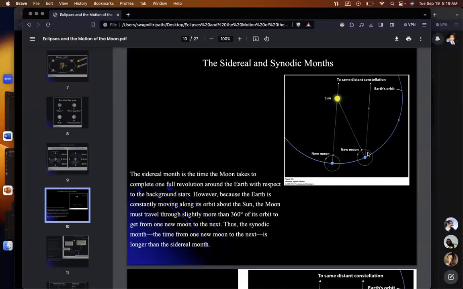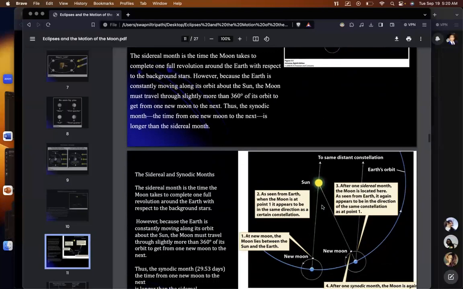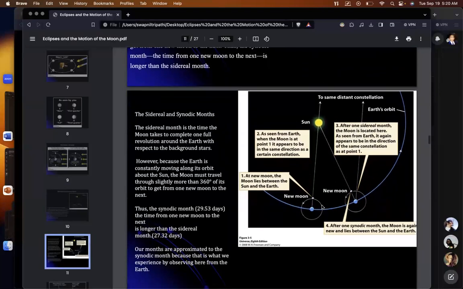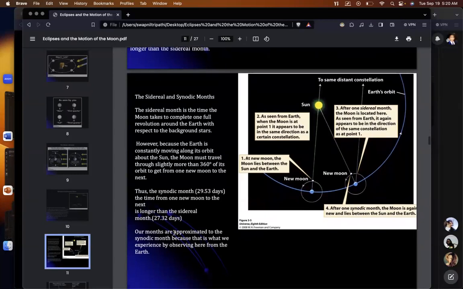And for new moon to happen, the moon has to turn a little bit more to realign, to be in between the sun and the Earth. Okay, and so that makes it to about 29.5 days, and that amount of time is called synodic month. Here, I have noted it here. The sidereal month is 27.32 days.